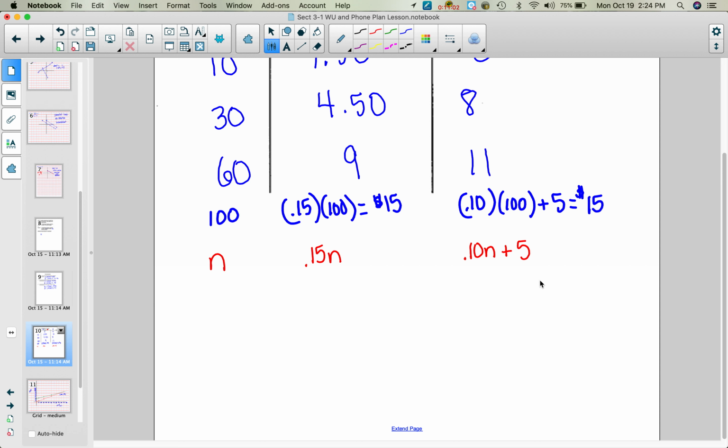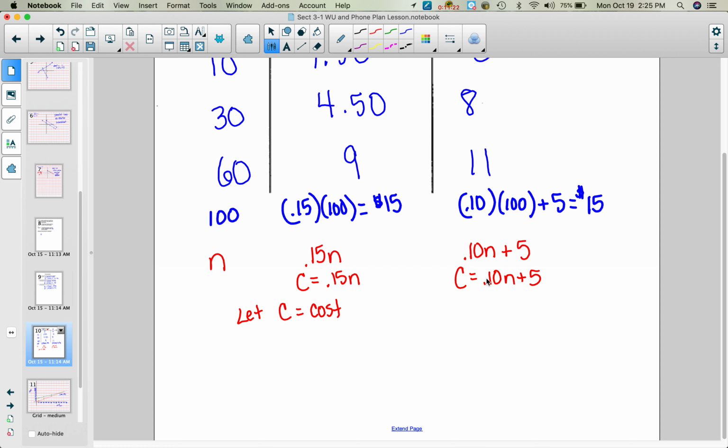So I could actually write expressions. I could even write equations if I let C equal the cost. Then I could have C equals 0.15n and C equals 0.10n plus 5.